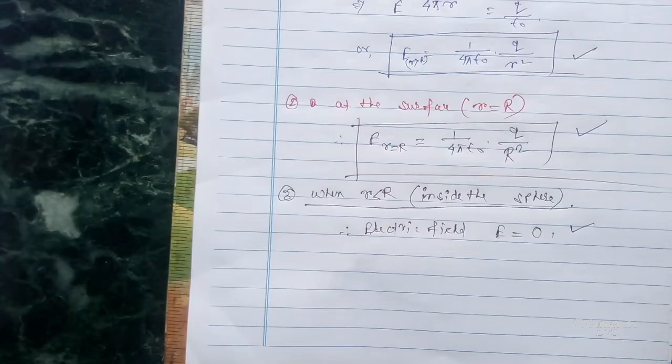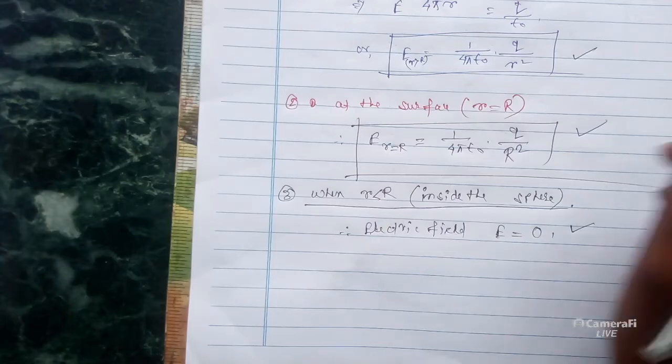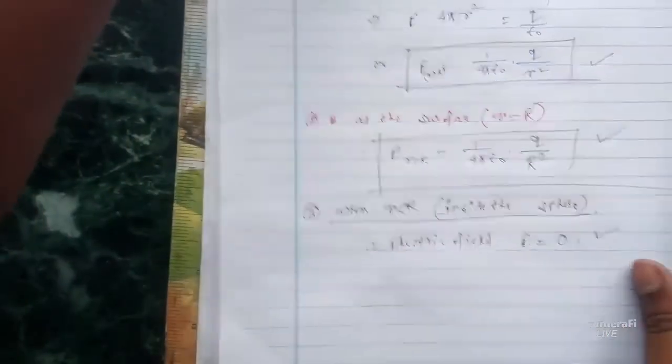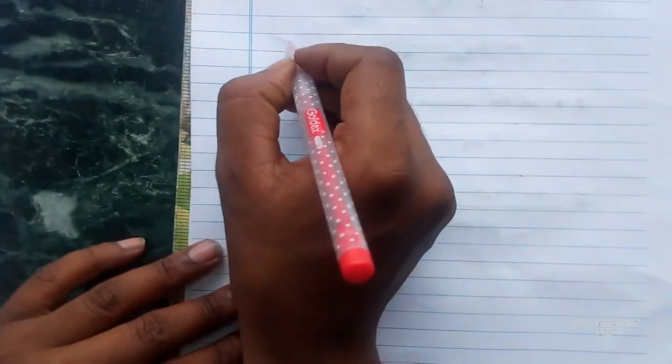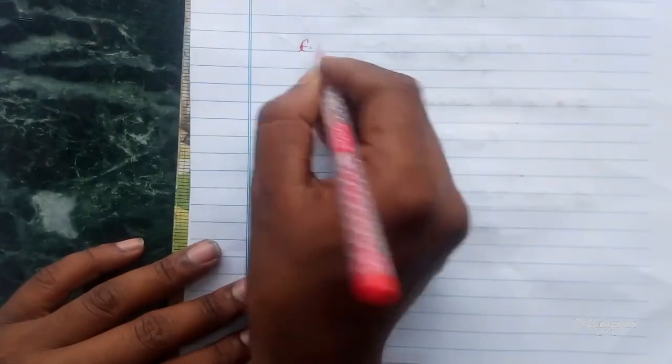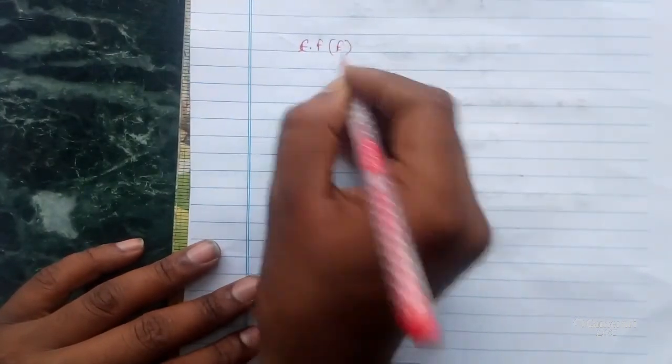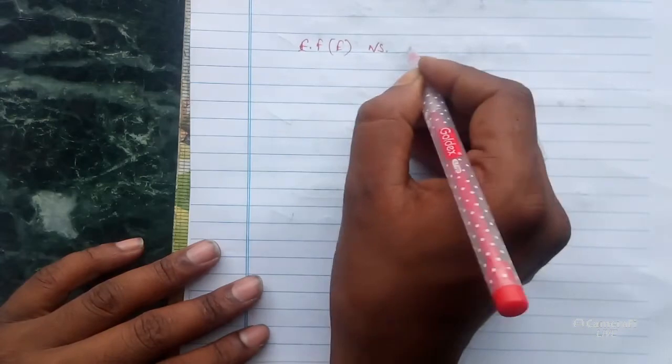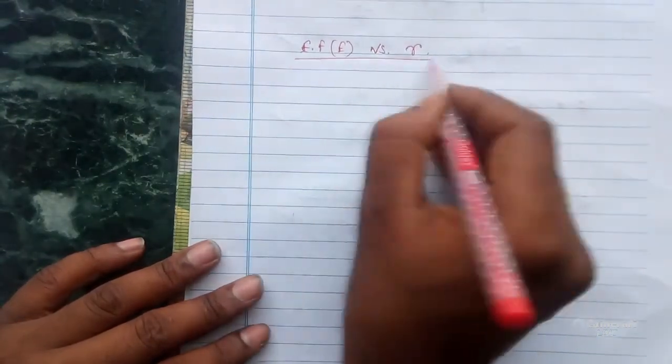What is the graphical representation of this one? E versus R. Very important graph. Clear? Give the heading E versus R, electric field versus R. How does it look?